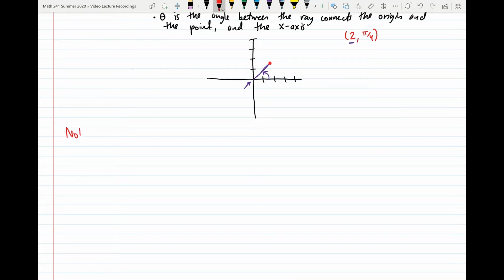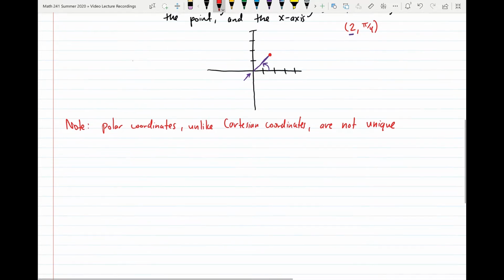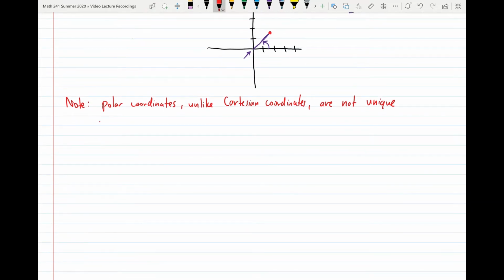The first interesting thing to note is that a representation of a point in polar coordinates, unlike Cartesian coordinates, is not unique. Meaning that if you give me a particular point in the plane, I can represent that point using polar coordinates in multiple different ways. So let me give some examples.